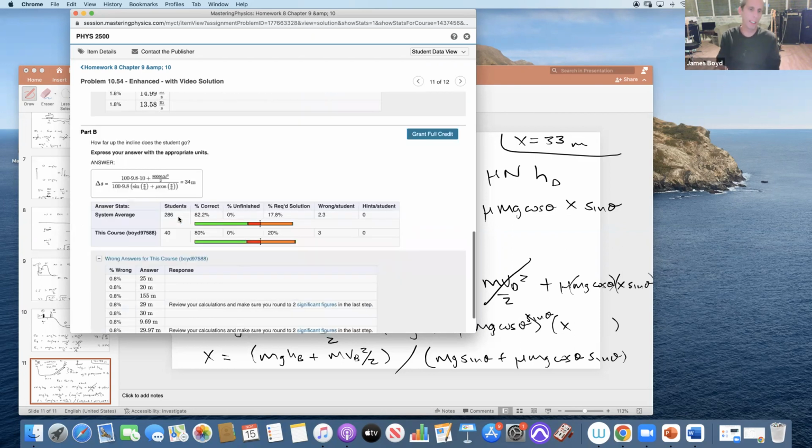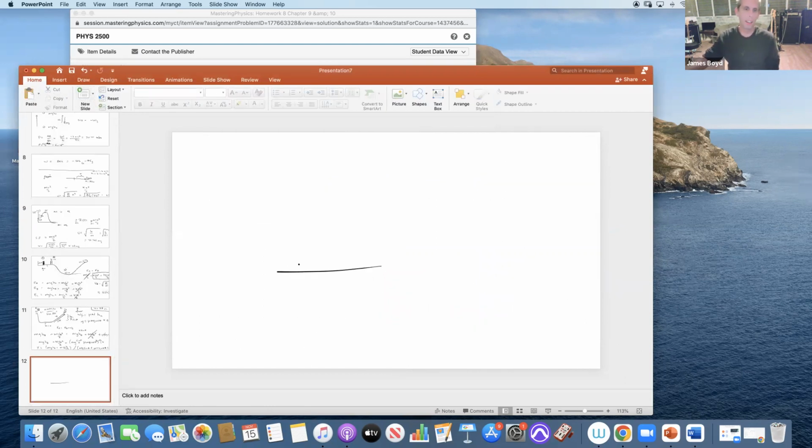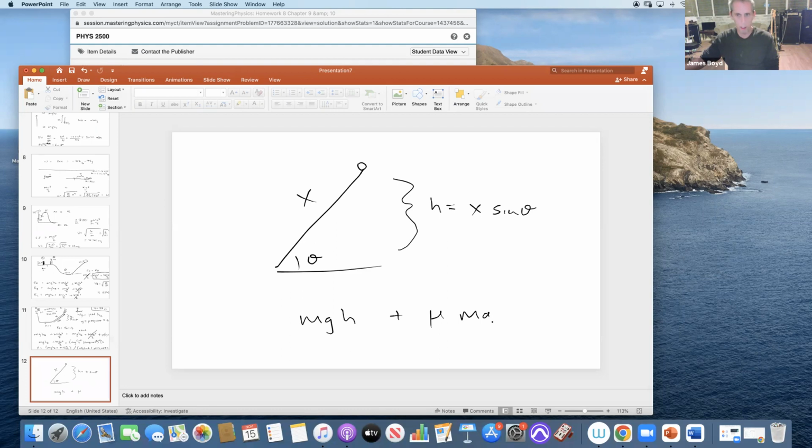This is about as hard as it gets. Okay. And that's just because you have to remember that when it goes up the incline, h is x sine of theta, and the energy when it got to the top was mgh plus mu mg cos theta times x. Oh, I'm dumb, I messed that up. So they didn't mess that up.